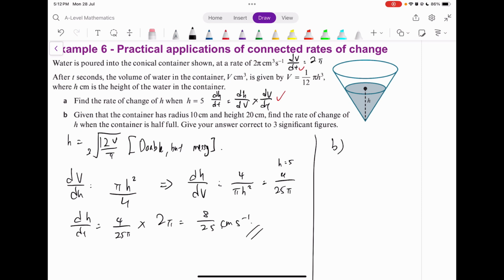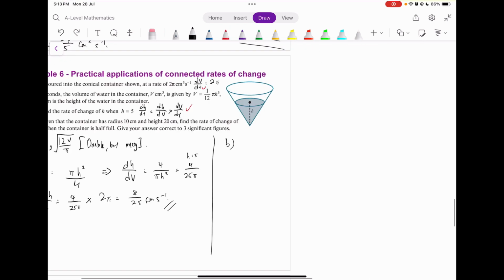Given that the container has radius 10 and height 20, find the rate of change of h when it's half full. So the container was full before, and they want to know the rate of change when it is half full. That is the difficulty.